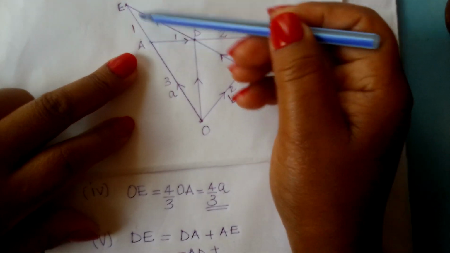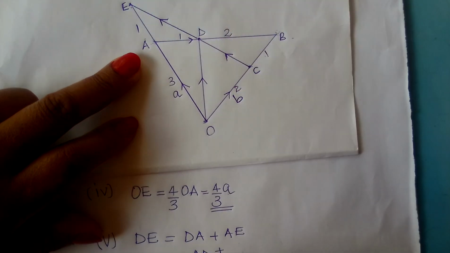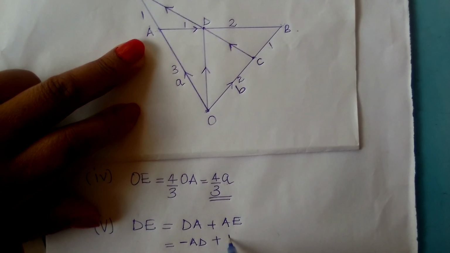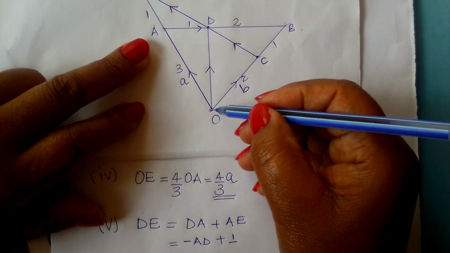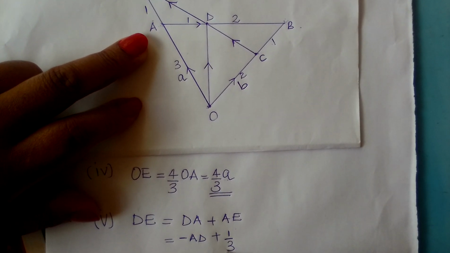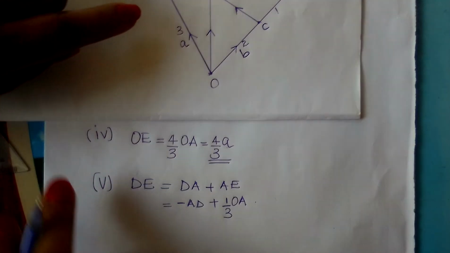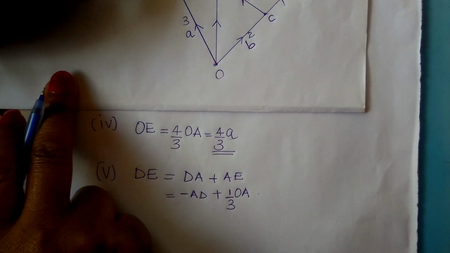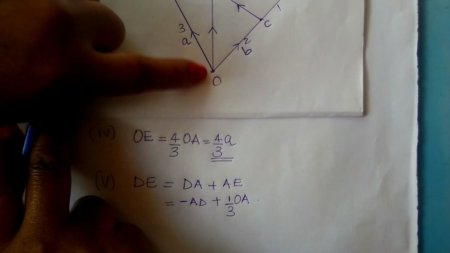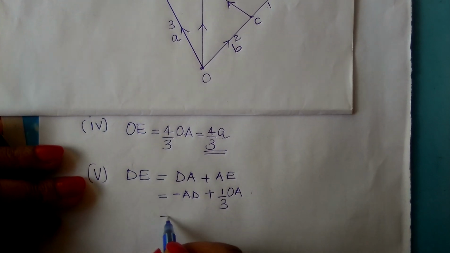AE is what in terms of OA? AE takes 1 unit, so it is 1 over OA is 3, okay? So AE is 1 out of 3 of OA. So, learner, you work out this.